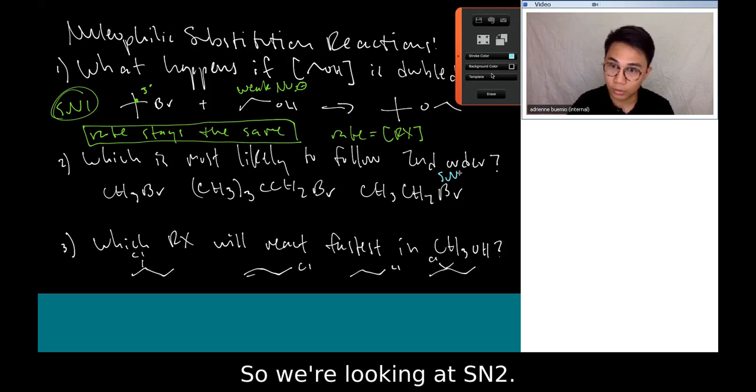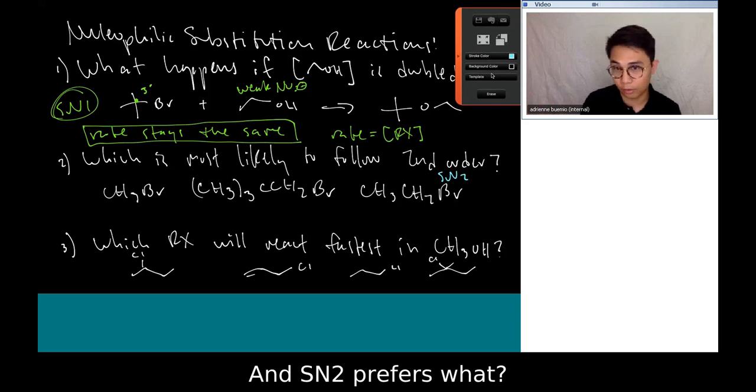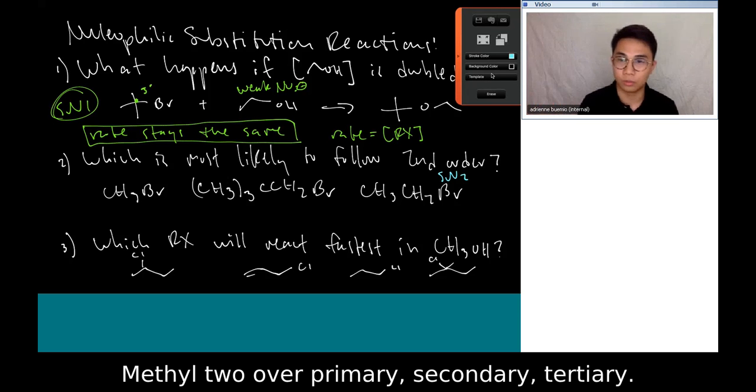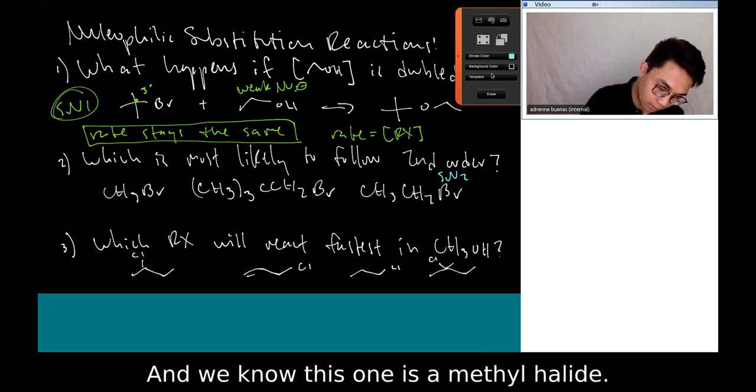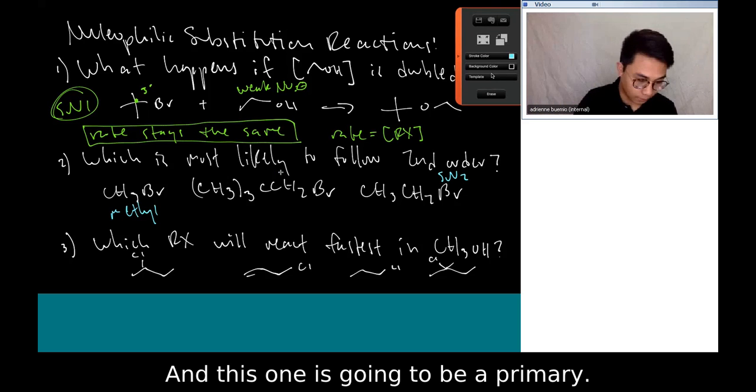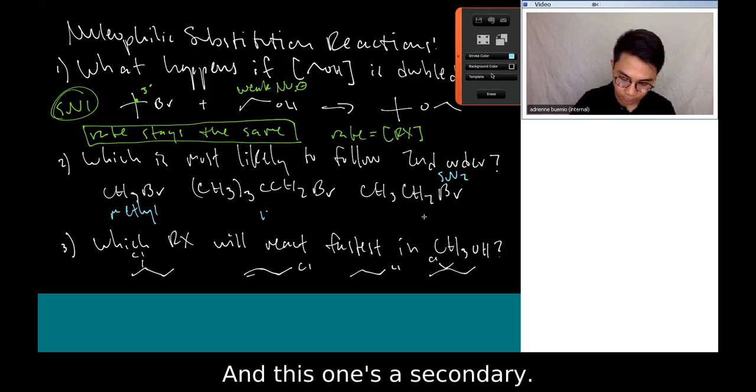SN2. So we're looking at SN2, and SN2 prefers what? Methyl over primary, secondary, tertiary. And we know this one is a methyl halide, this one is going to be a primary, and this one's a secondary.